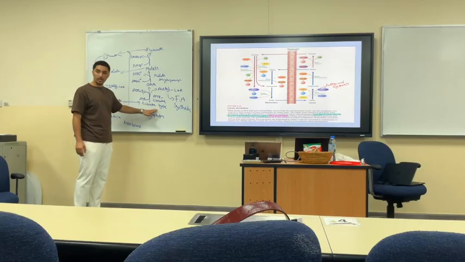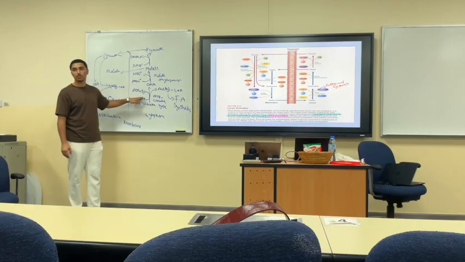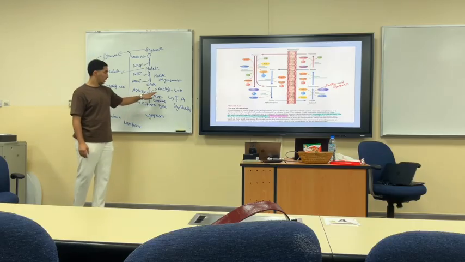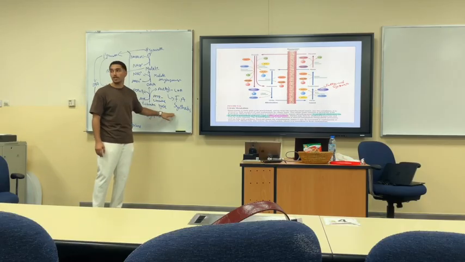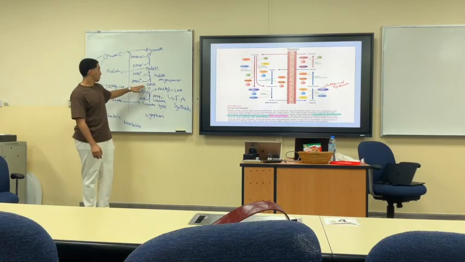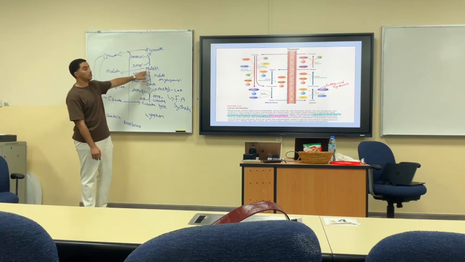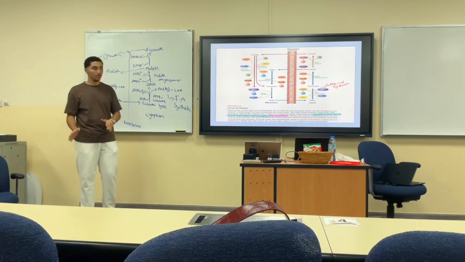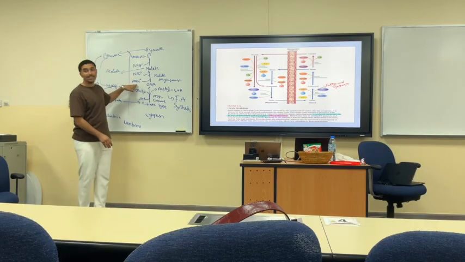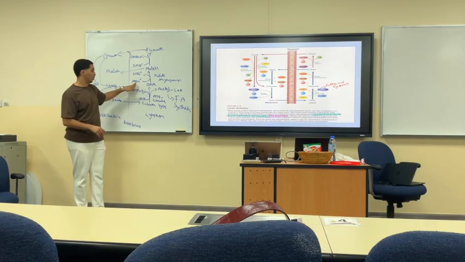This enzyme uses ATP as a source of energy. That's why you have ADP and inorganic phosphate. The acetyl-CoA released will be used for fatty acid synthesis, while oxaloacetate will be converted into malate by malate dehydrogenase. We will use NADH. We will not produce one, we will use one.